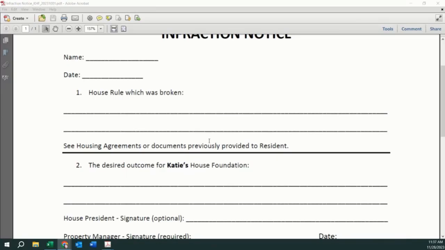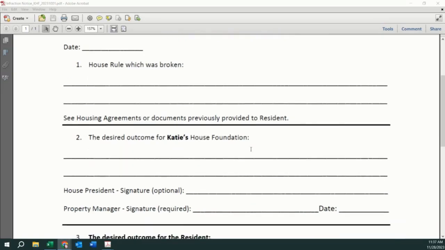And again, if this is not you operating your own house, then normally it's going to be your property manager or your house president. Now, you'll normally have 2 or 3 reports of something before you put together an infraction notice.